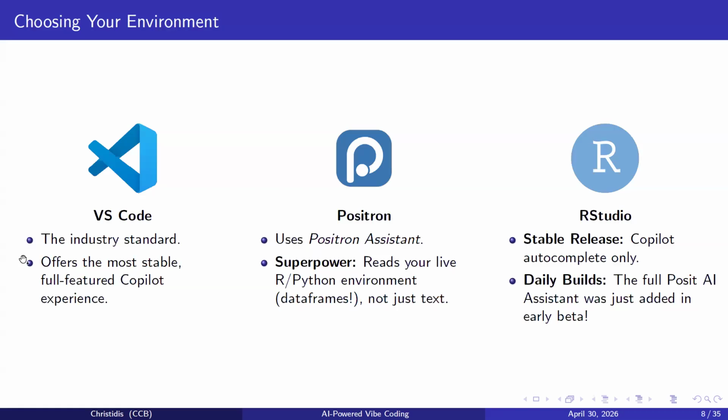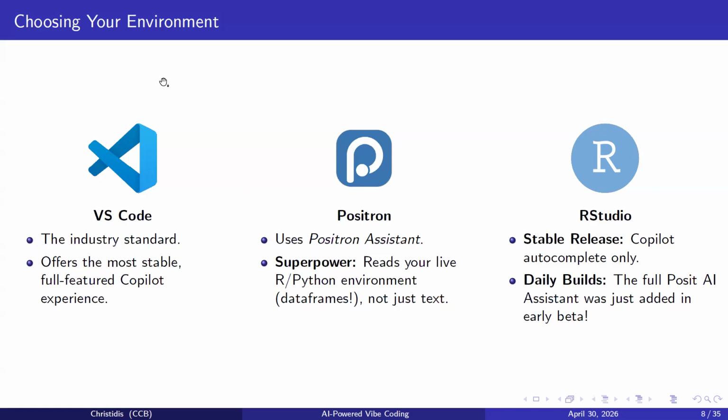And now in terms of the IDE choice in which we're going to incorporate GitHub Copilot, there are many choices. The three top ones that are probably most relevant for people here are VS Code, Positron, or RStudio. For anything R related, I used to be an R user. My background is statistics, so I grew up on RStudio.